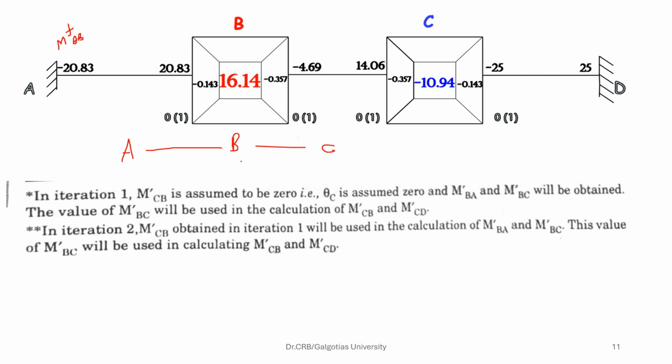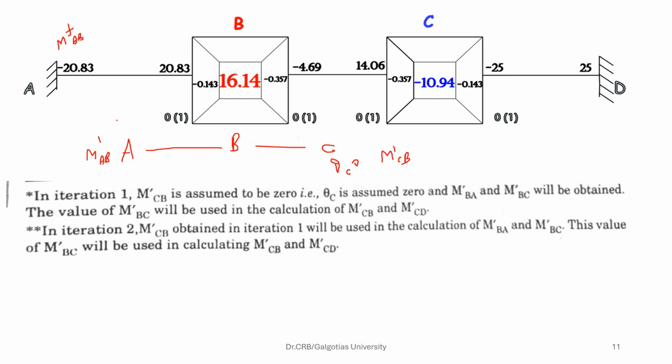Okay, so you want to calculate the moment at point B. In this case, C is the farther end and A is the farther end. So we assume theta C is 0. Now M dash CB is the farther end, and this is M dash AB.